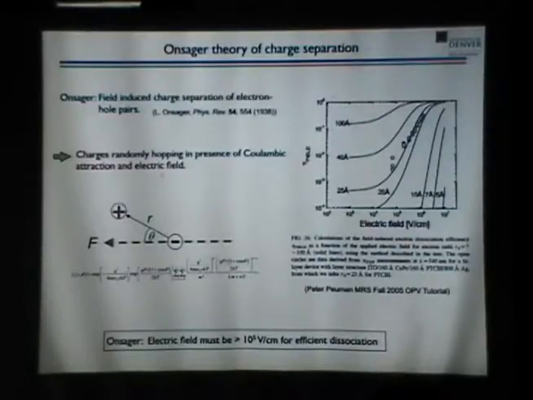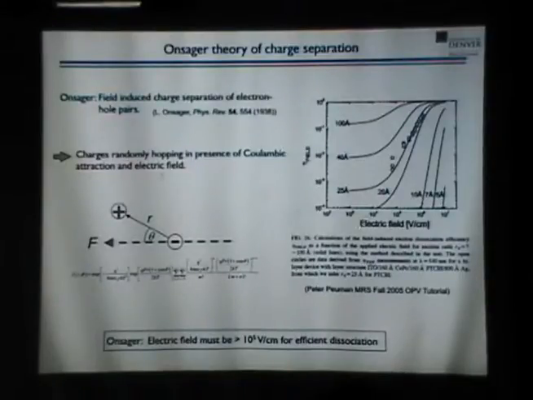I know you can't see this because I can't see it, but it's a function of their distance r, and the angle theta between their dipole and the field F. Essentially it's an exponent of 1 over kT, and then an exponent of the field, and then a summation. This is an expansion over some kind of spherical harmonic that involves the cosine of that theta and the field strength F. So I'll let you go read the 1938 paper if you want to see the equation in detail.